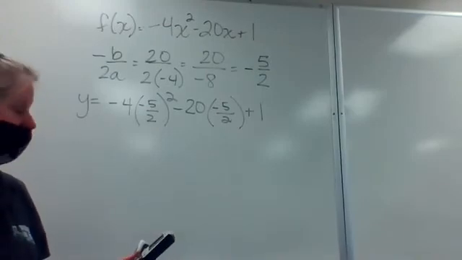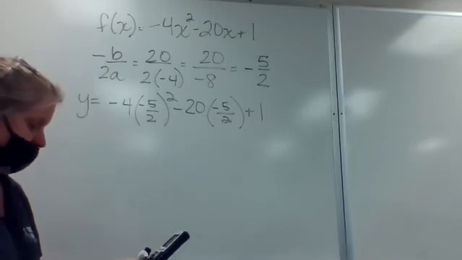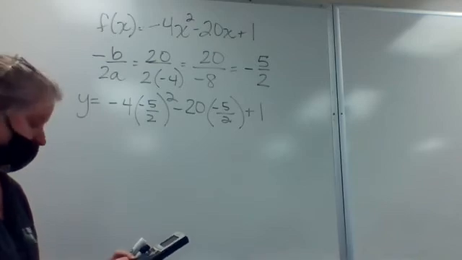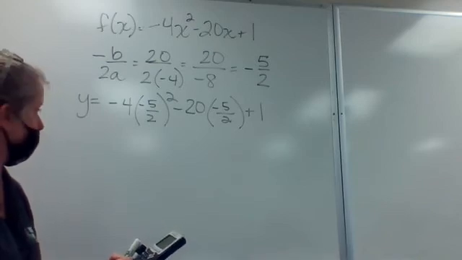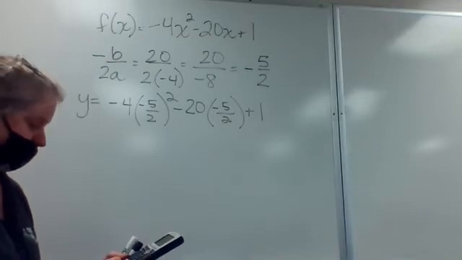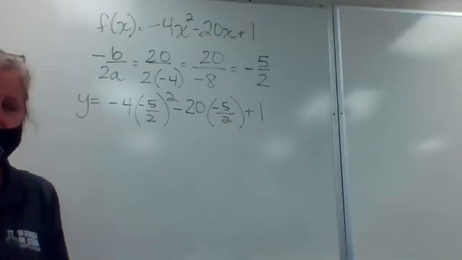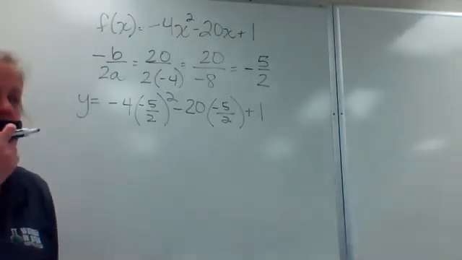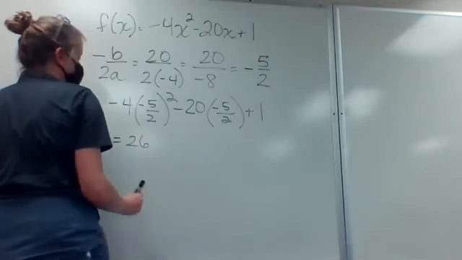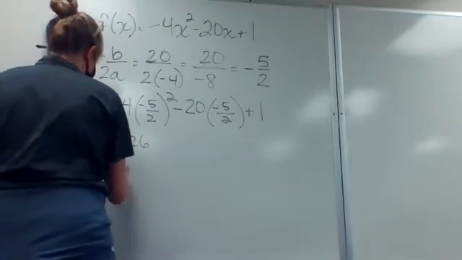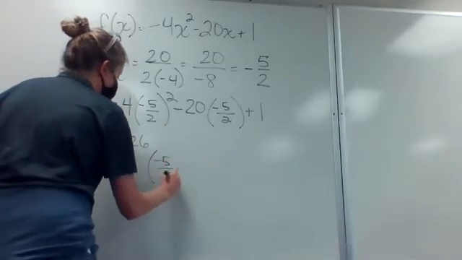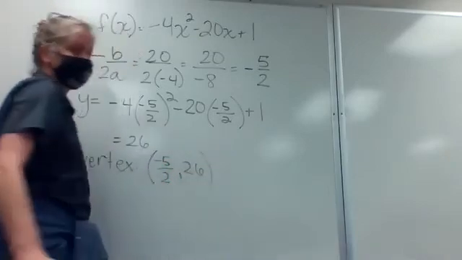So negative 4, open, negative 5 over 2, close, squared, minus 20, open, negative 5 over 2, close again, plus 1, enter. Did y'all get 26? Good. So the vertex is at negative 5 halves, 26.